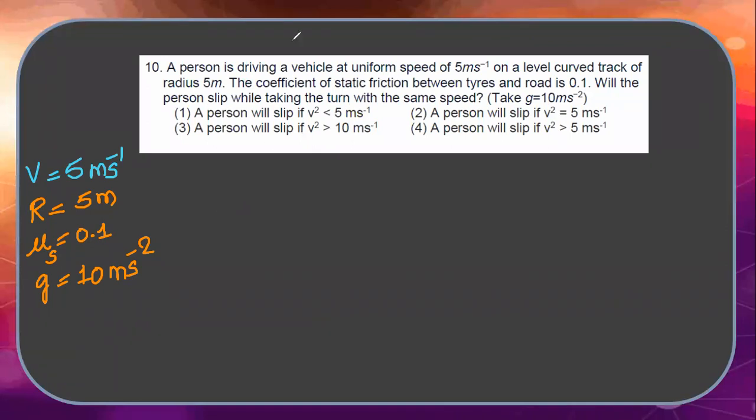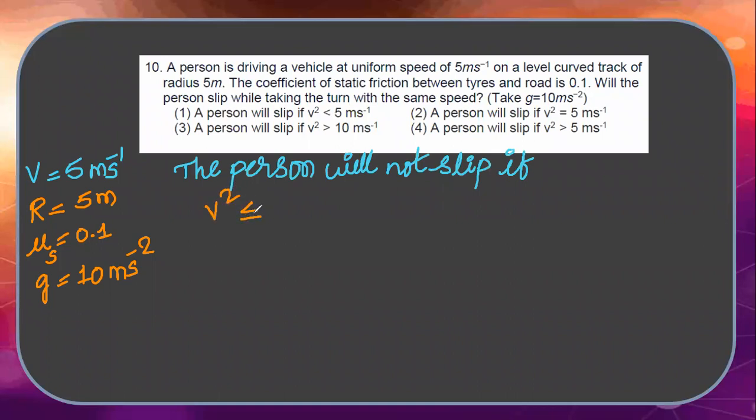The person will not slip if v square is less than or equal to mu s r g. This is the condition. If v square is less than or equal to mu s r g, then he won't fall down, he won't slip. We'll calculate.